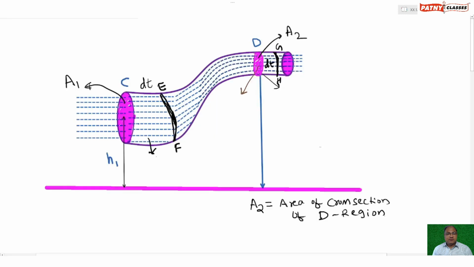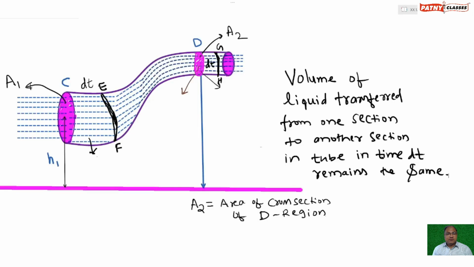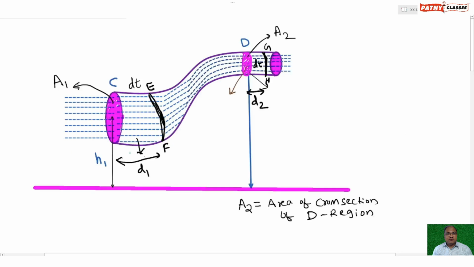In time dt, the liquid is flowing from C to EF in the lower part and from D to GH in the upper part. In both cases, the volume of liquid transferred from one section to another inside the tube in time dt remains the same. In the lower part, the liquid travels a distance d1 in time dt.